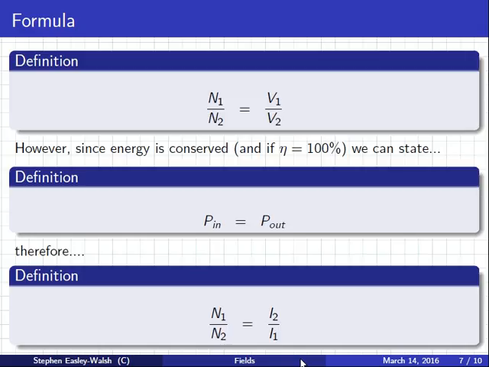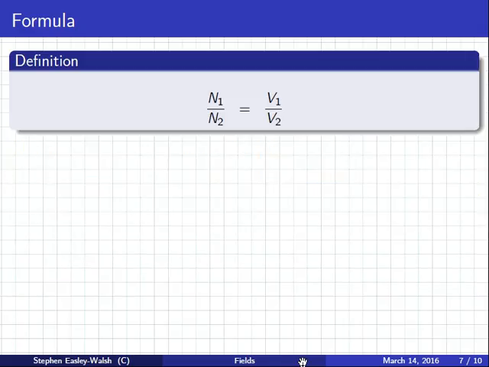N1 is the turns on the primary, and N2 is the turns on the secondary. V1 is the voltage going in on the primary, and V2 is the voltage coming out on the secondary. N1 is the turns on the primary, and N2 is the turns on the secondary.